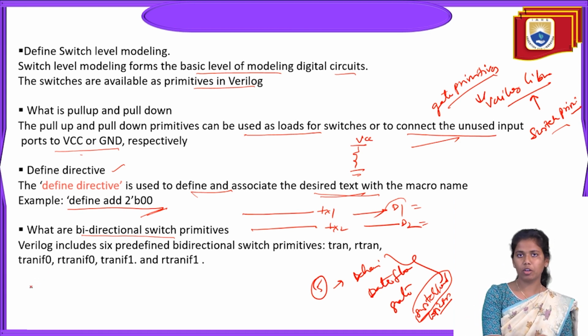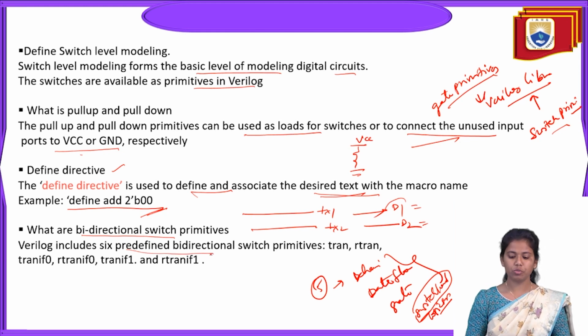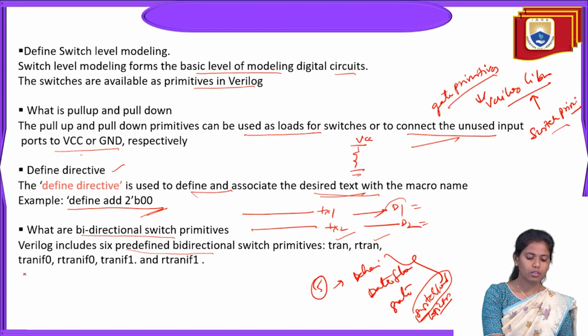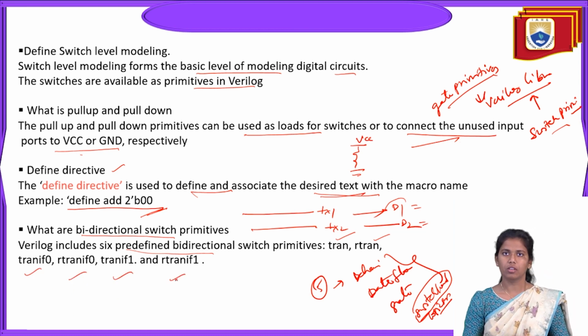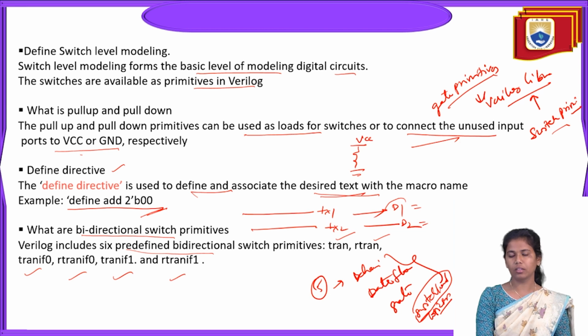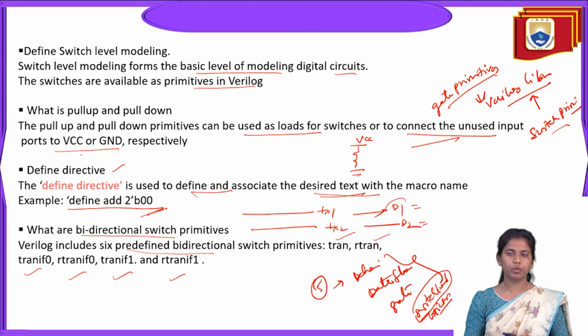The Verilog library includes 6 predefined bidirectional switch primitives. These are of 6 types: tran, rtran, tranif0, rtranif0, tranif1 and rtranif1.